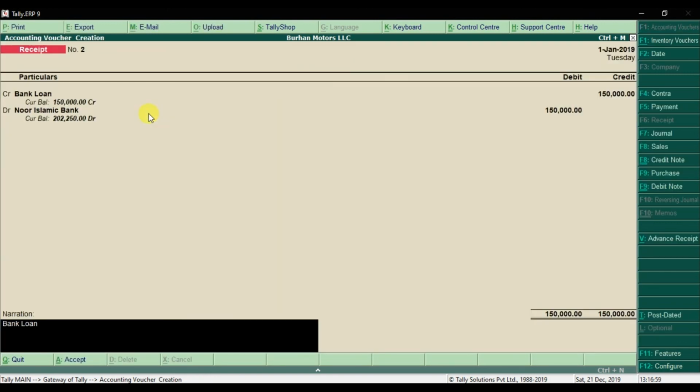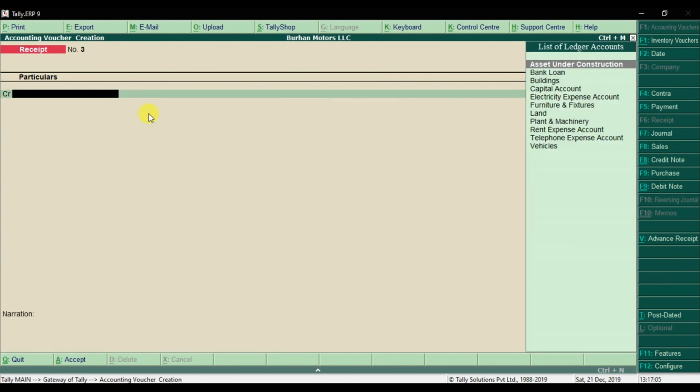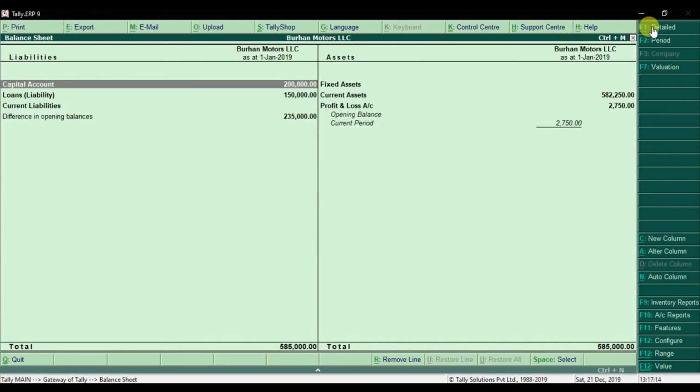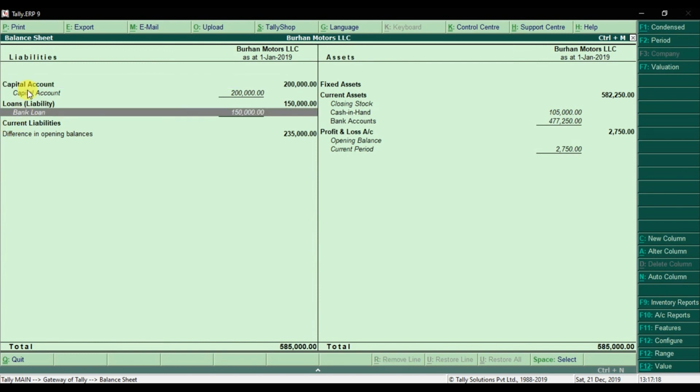So bank loan received. Clear? Yeah. Now if I check my balance sheet, enter, and if you click on this detail, right? So we have a bank loan under the liability, that we have a bank loan of 150.